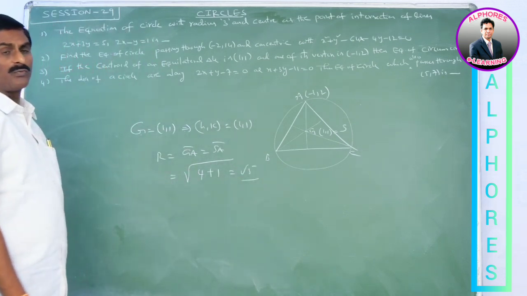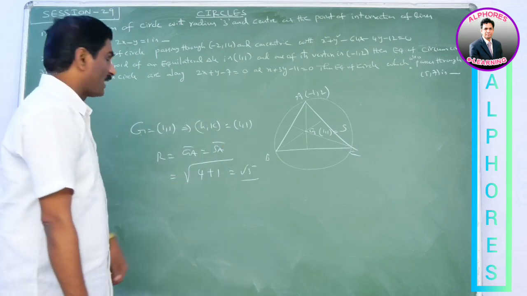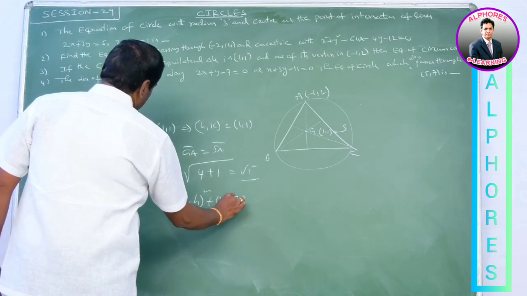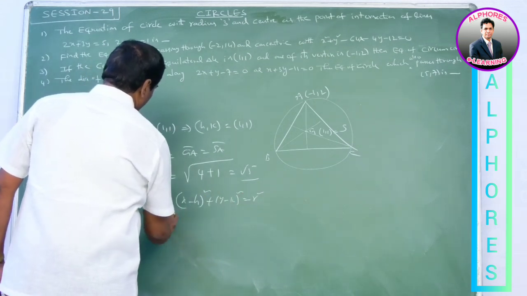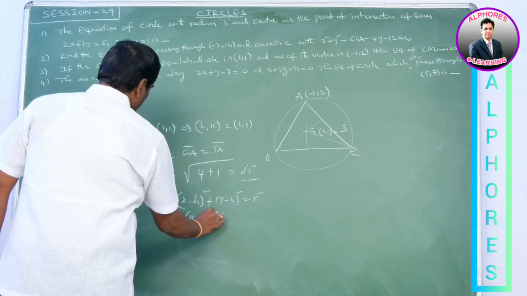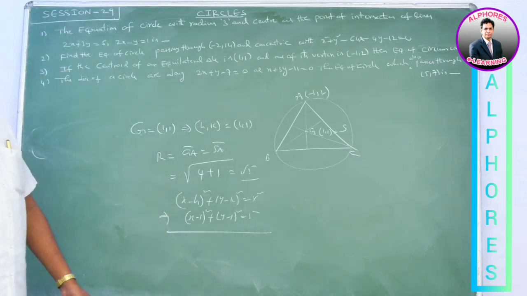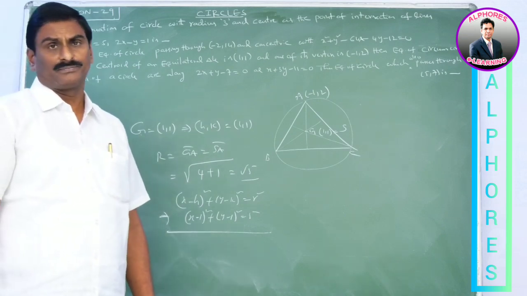The radius of the circle is root 5. The center of the circle is (1, 1). Therefore, the equation of the circle is (x - h)² + (y - k)² = r², that implies (x - 1)² + (y - 1)² = 5. It is the equation of the circumcircle of an equilateral triangle.